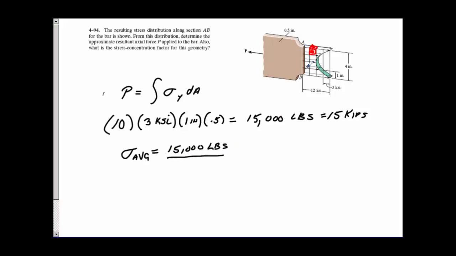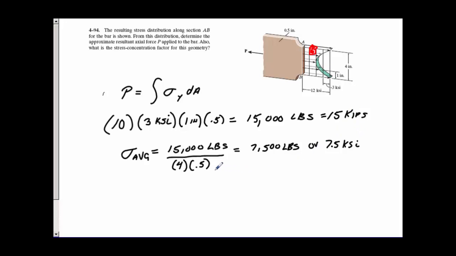So this is 4, the thickness is 0.5. When you do that, I think you're going to get like 7,500 pounds, or 7.5 KSI. And let me change that to, let's see, no, that's right.